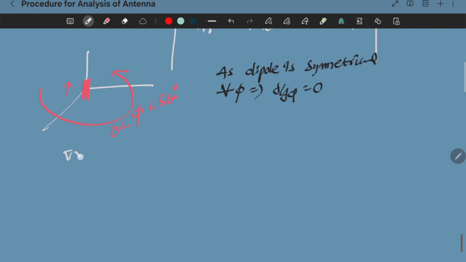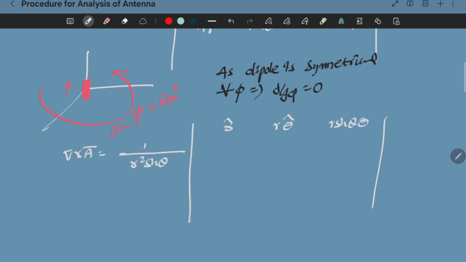Now I am writing a new expression that curl of A bar is equal to 1 by r square sin theta. It is r cap, r theta cap, r sin theta phi cap. Dou by dou r, dou by dou theta, that is 0. And AR is AZ cos theta.